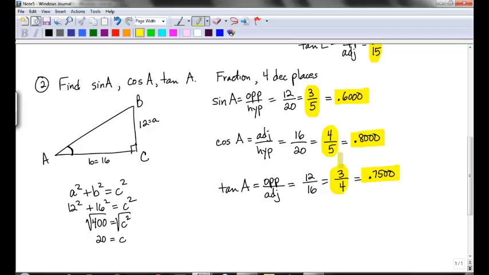So the only difference between this one and the first problem was you had to use, and I would start this, don't forget, on right triangles you have the Pythagorean theorem to solve for any of the missing sides. Okay?